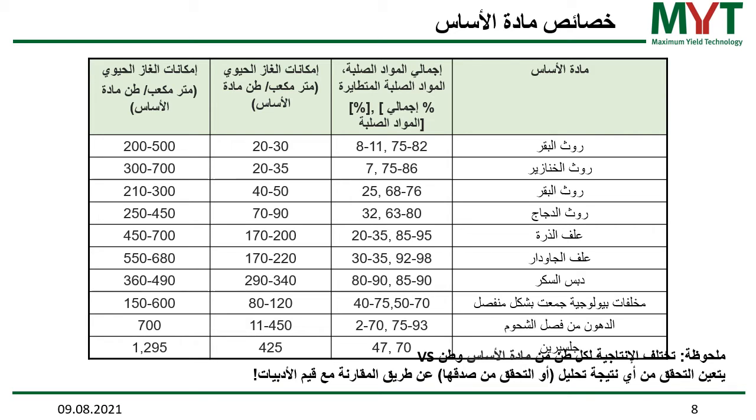Second, of course, is the biogas potential per ton of substrate. This is in particular important if you have substrates which contain a lot of water. Then, of course, the biogas potential in reference to your tonnage is very low.